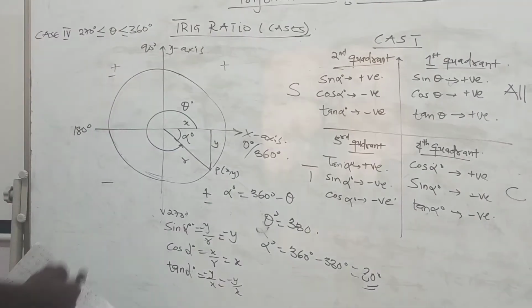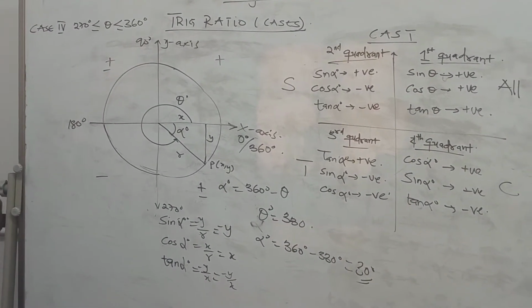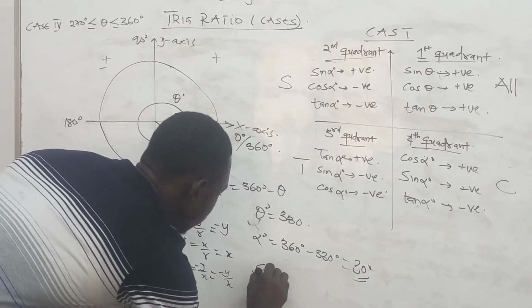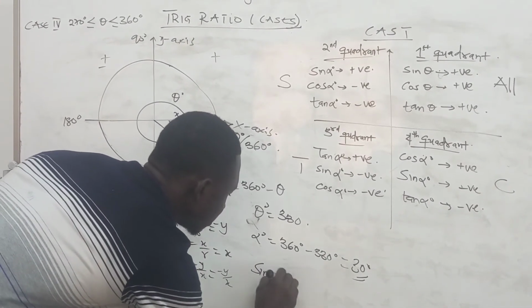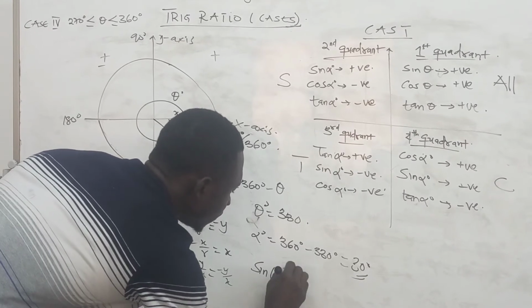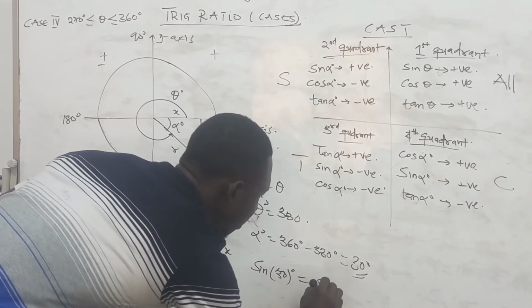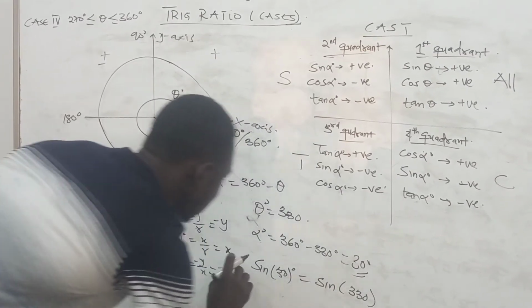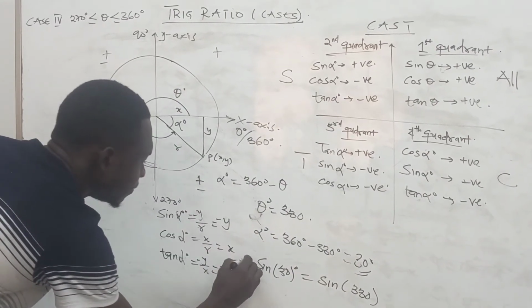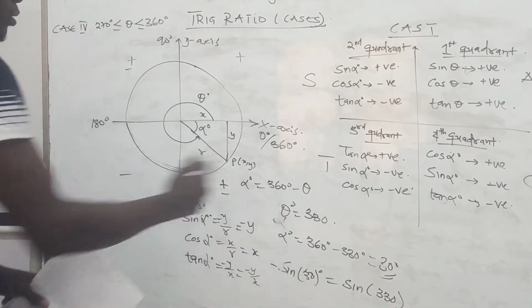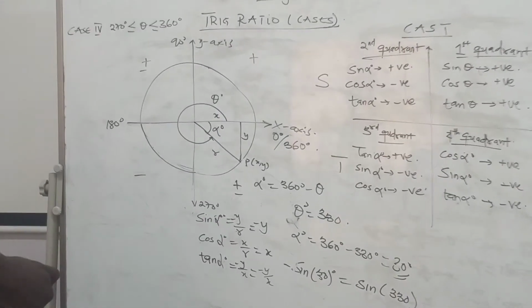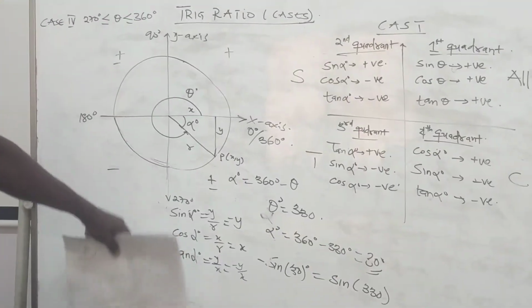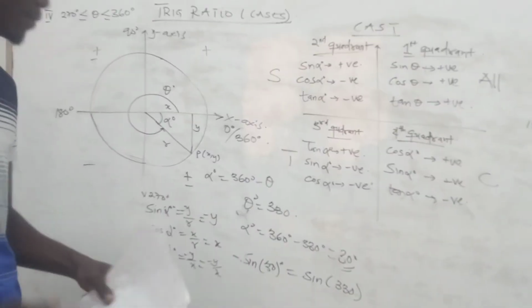Then you work it out, and you will get the same answer as you get for, say, sine alpha, which is 30 degrees. Sine alpha, which is 30 degrees, is the same as sine 330 degrees. But in this case, you have to add negative, the appropriate sign, to the alpha degrees, and you do the same for the remaining ones, and you get the same answer.